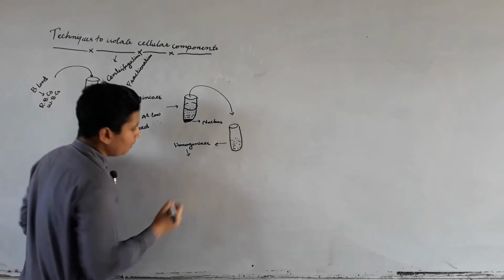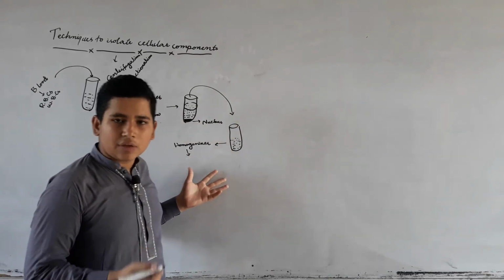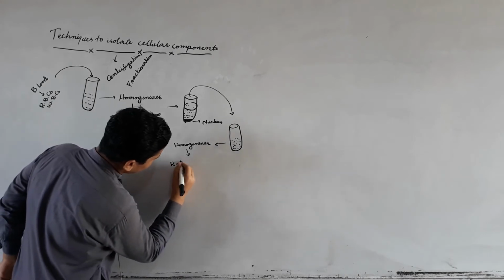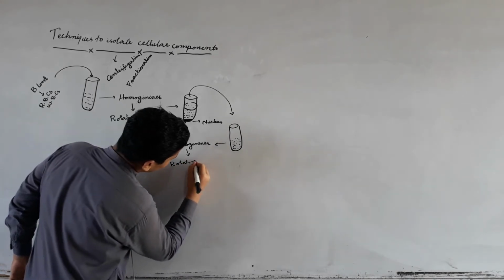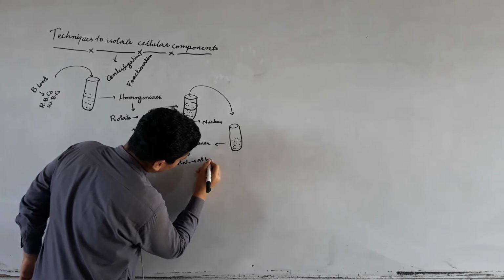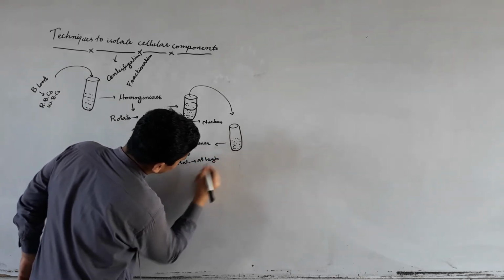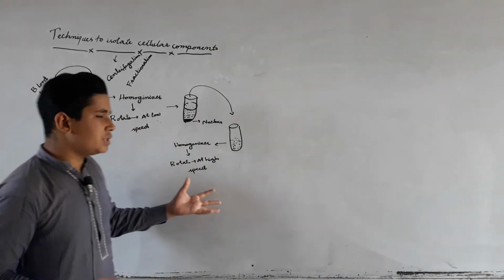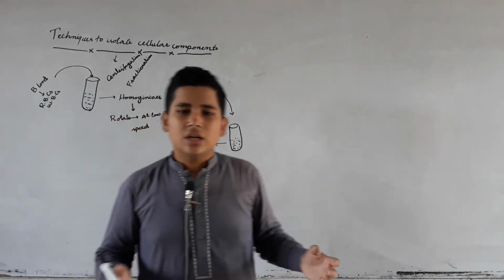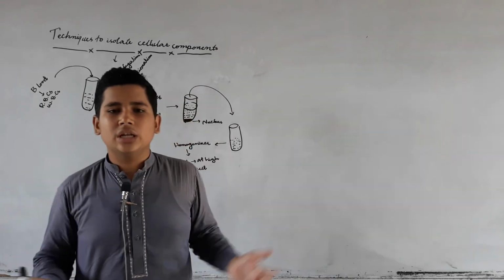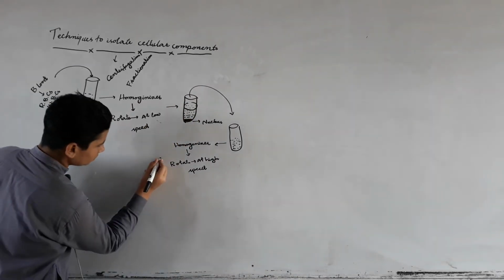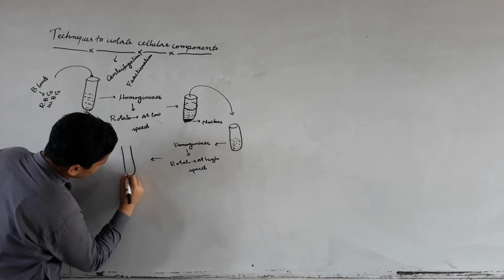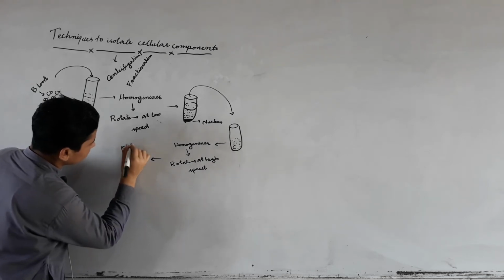This time, we centrifuge the objects at high speed. When we centrifuge them at high speed, the lightest particles are again distributed into fractions.